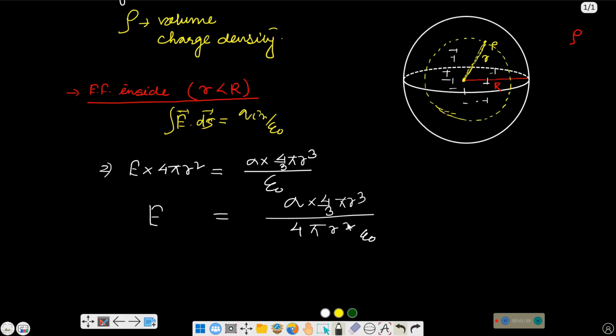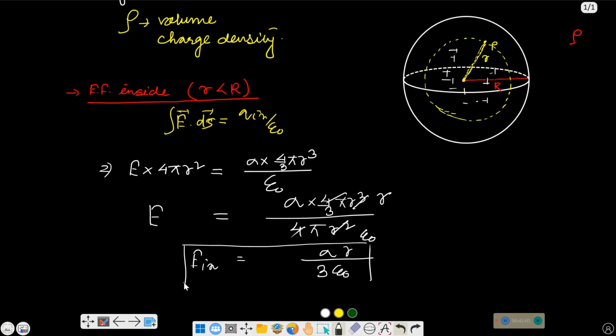The r square will get cancelled, leaving r, and the 4 pi will get cancelled, so E is rho by 3 epsilon naught into r. This is the electric field at any inside point at a distance r from the center of the sphere.